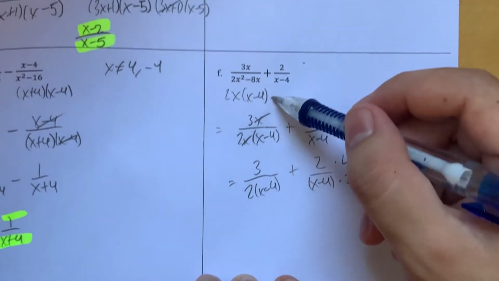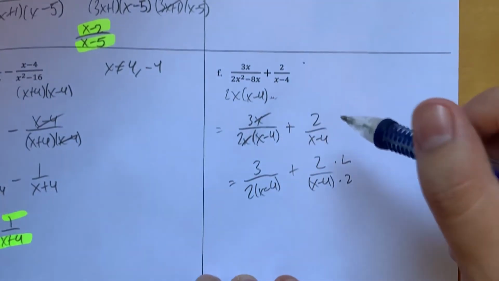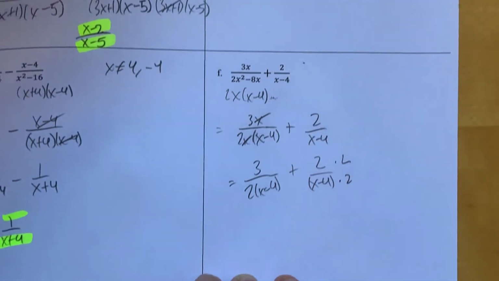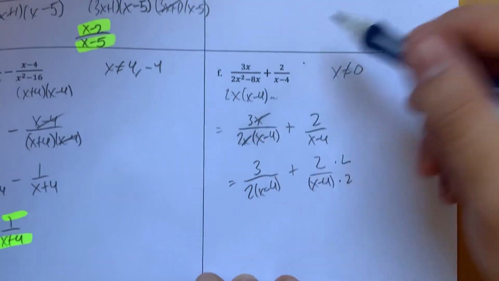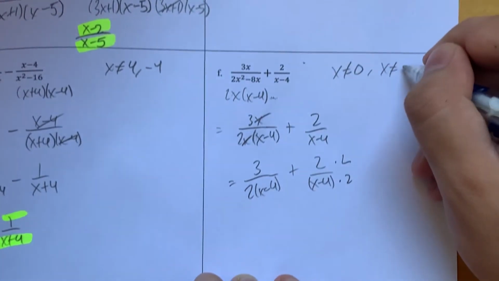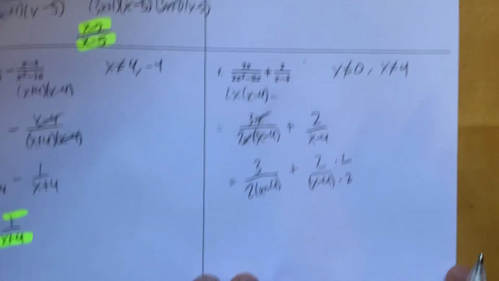And we have to use this to state what our exclusions are. The exclusions: x cannot equal 0 because 2 times 0, the whole thing turns into 0. And x cannot equal positive 4, because it will turn that to 0. And we can't do that.